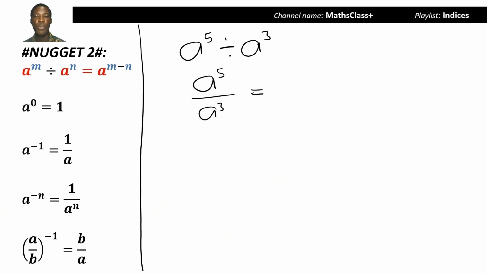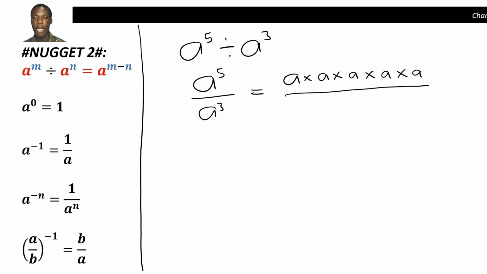So I'm going to decompose a to the power 5 as a times a times a times a times a, and then divided by a to the power 3, which is a times a times a.